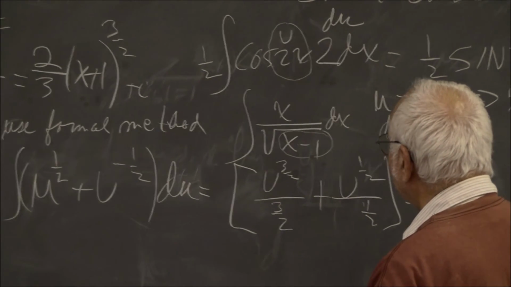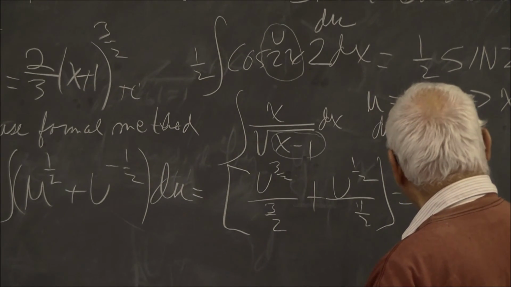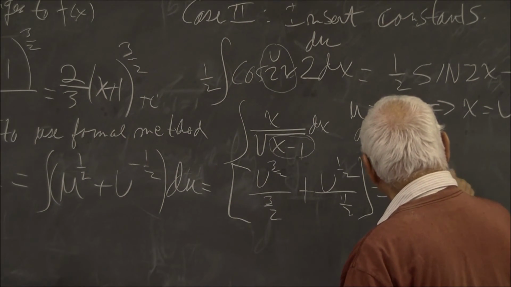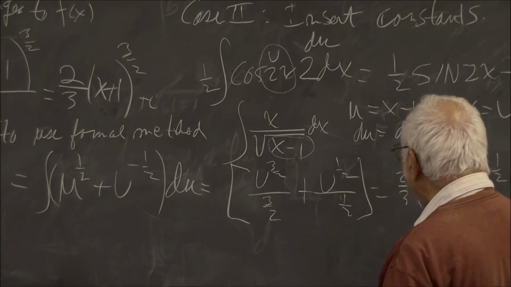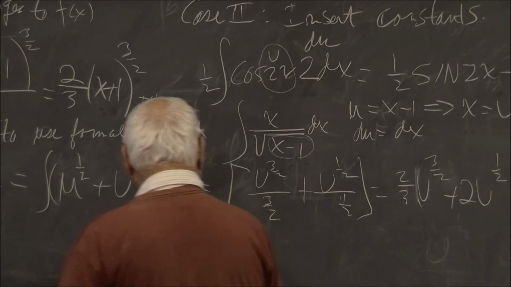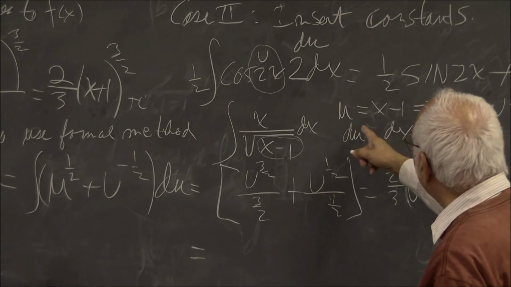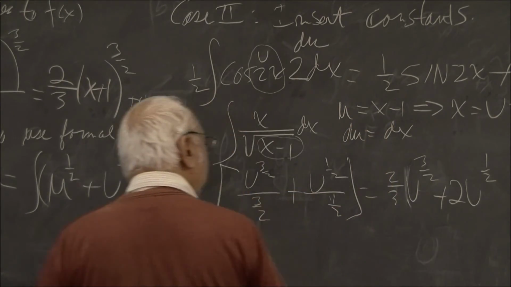So that's going to be equal to 2/3 u to the 3/2 plus 2 u to the 1/2, and finally we go back to the original variable. What is u equal to? U is equal to x minus 1, so you go back to that.